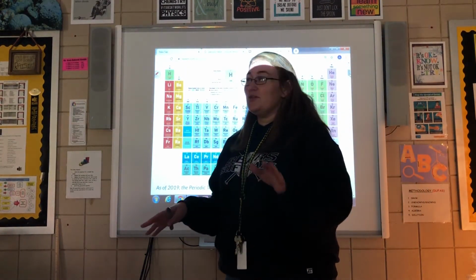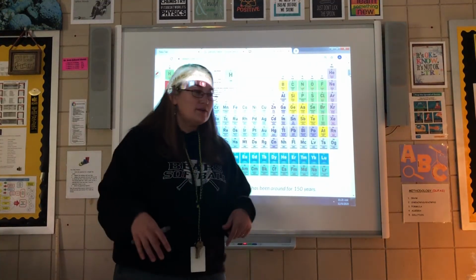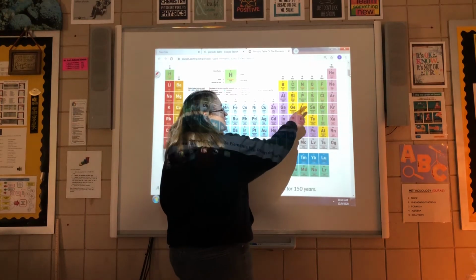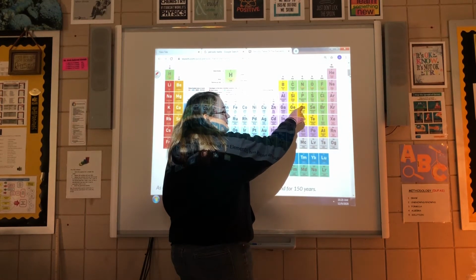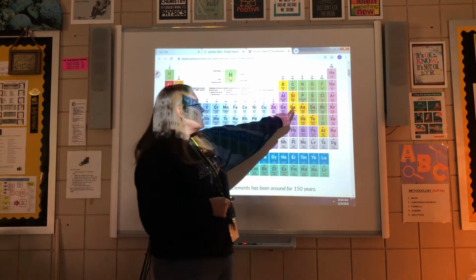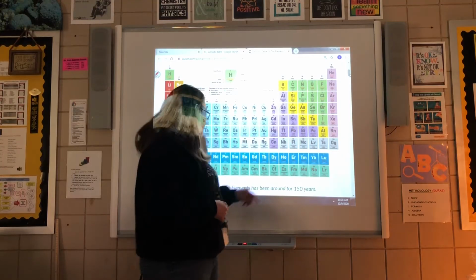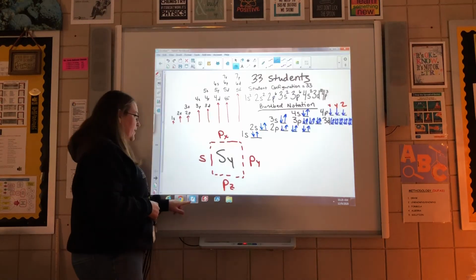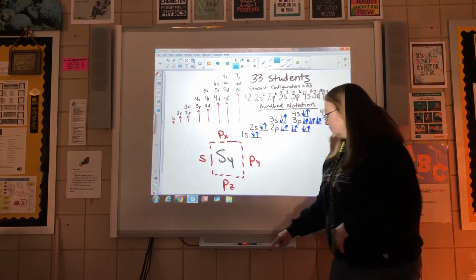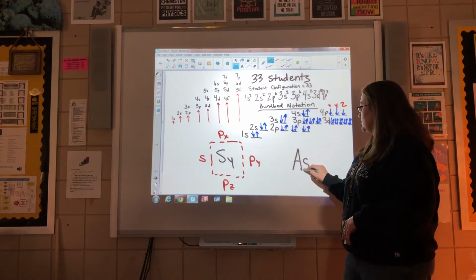And if she has 33 students, let's look at what number 33 would be on the periodic table. So number 33 is arsenic. Okay, so if we look at number 33, it's arsenic. So our symbol we're going to use is As. So let's go back to here. So I'm going to put, for my symbol, As.